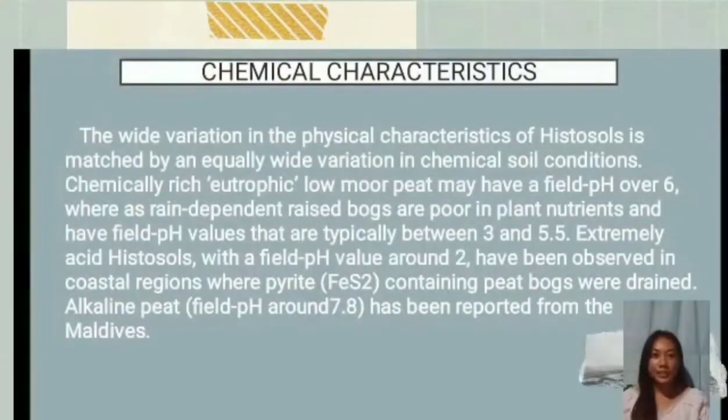The wide variation in the physical characteristics of histosol is matched by an equally wide variation in chemical soil conditions. Chemically rich eutrophic loam-moor peat may have a field pH over 6, whereas rain-dependent raised bogs are poor in plant nutrients, and the field pH values are typically between 3 and 5.5.